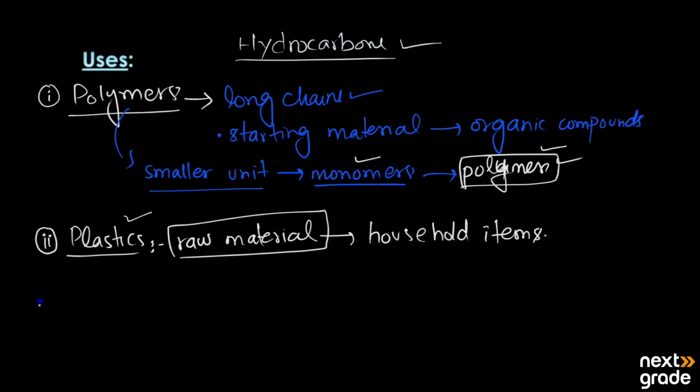Third, hydrocarbons are used as raw material for the manufacturing of rubber. We have a lot of things around us that are made of rubber, so hydrocarbons can be converted into synthetic rubber. For example, we use ethylene, with structure CH triple bond CH.